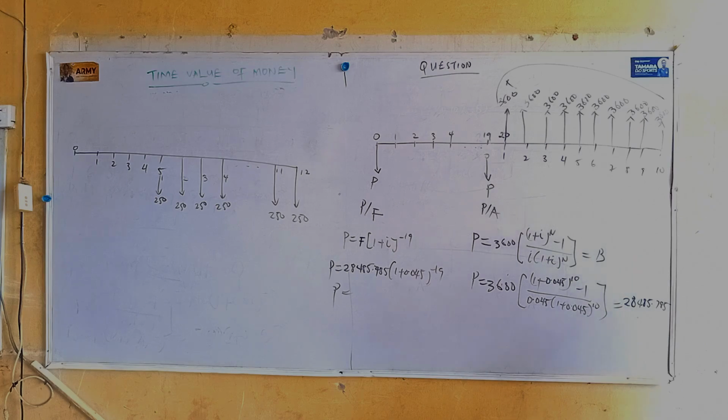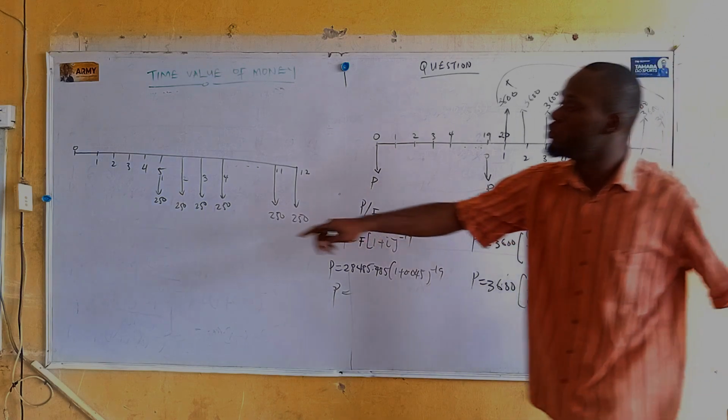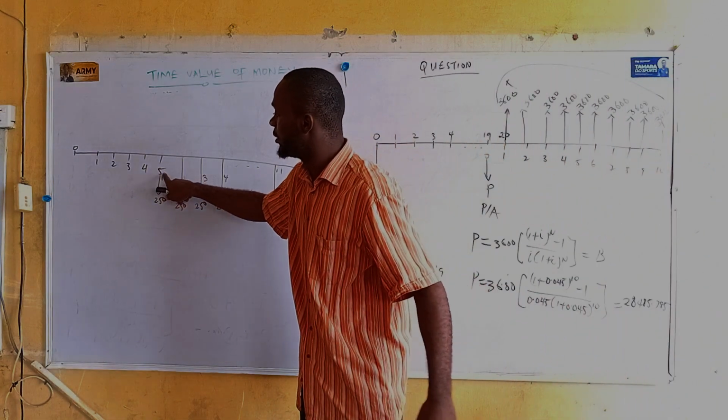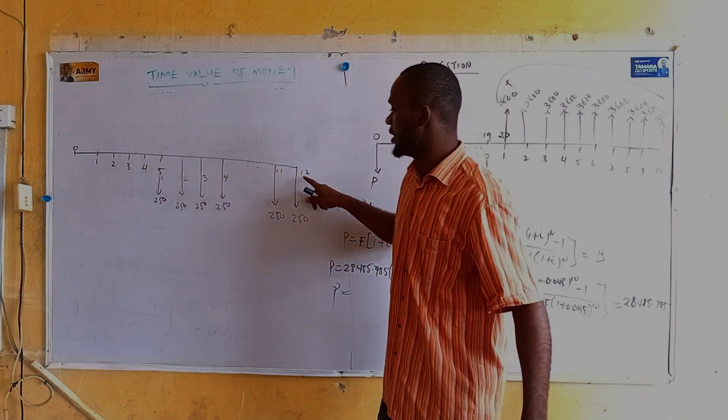So find the equivalent minimum annual cost of $250 per year for 12 years, starting 5 years from now. A student is depositing $250 for 12 years.